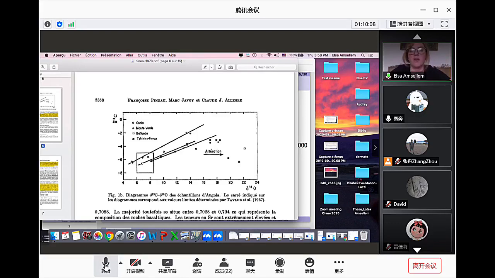And some of these carbonatites show increasing delta 18O with not much increase in carbon isotopic composition. And it has been seen, by this paper and other papers later, that it's due to alteration. In fact, most of the carbonatites we analyze show this trend.